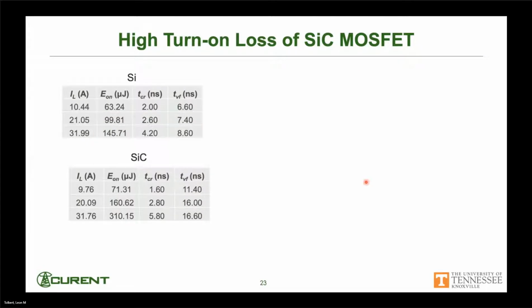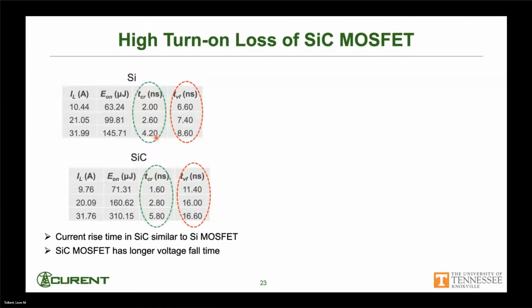So if we look at some of the turn-on loss in a silicon carbide MOSFET and compare that to a silicon MOSFET, we're going to see a couple of things kind of jump out at us. The current rise time, indicated by TCR here, is about the same in terms of comparing a MOSFET between silicon carbide and silicon.